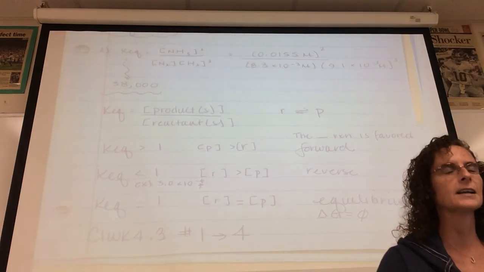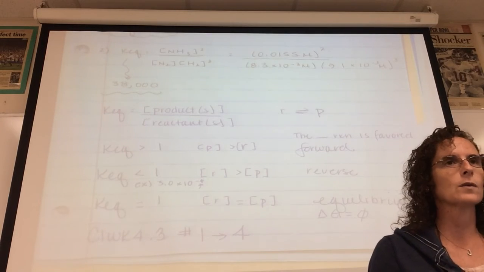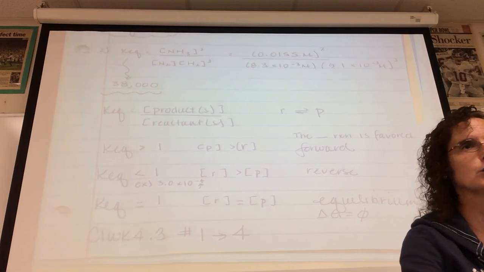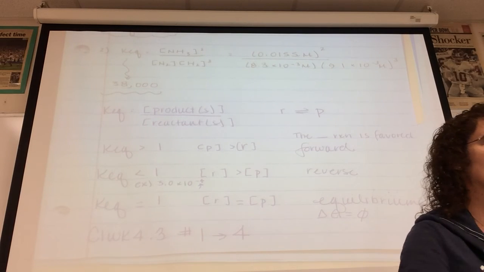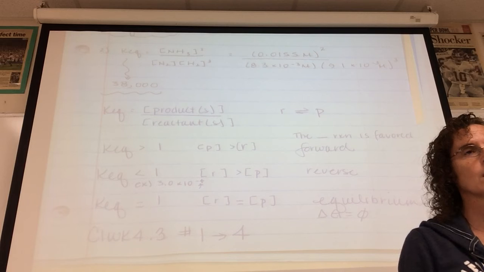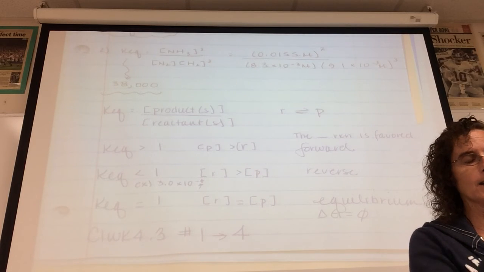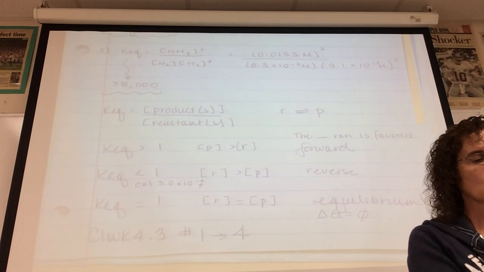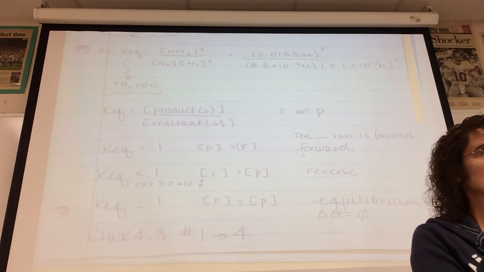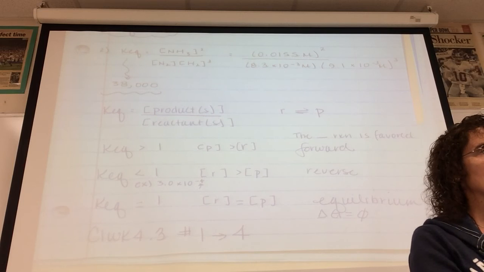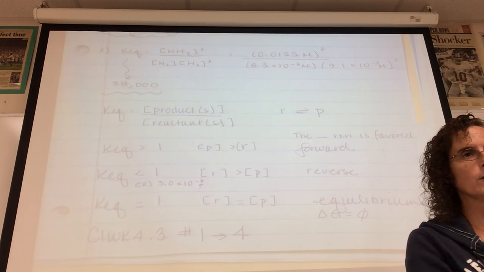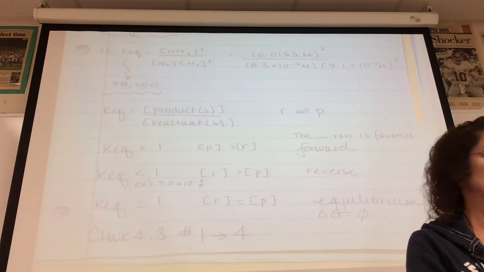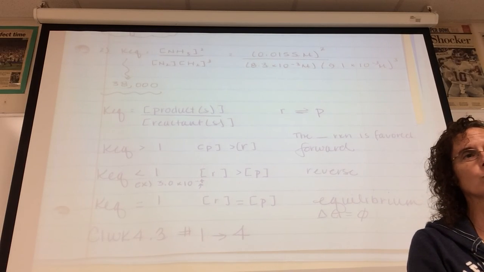I haven't decided, but I want to make it so that you have a full day of in-class practice prior to your quiz, such that you really wouldn't have to do much studying at home. So what you picked up today, you know how to write equilibrium constant expressions, you know how to solve them, you know how to interpret them, and chemical equilibrium is when the rate of the forward and the reverse reactions are the same.